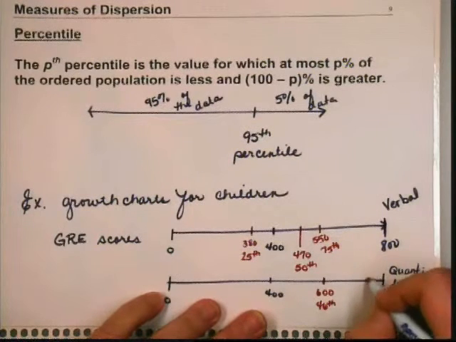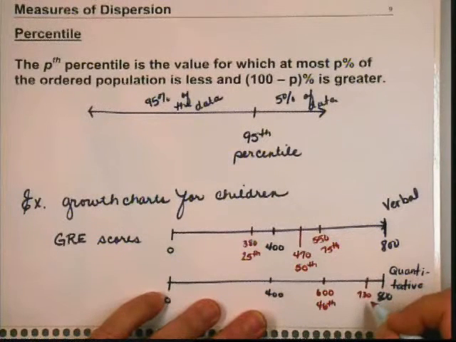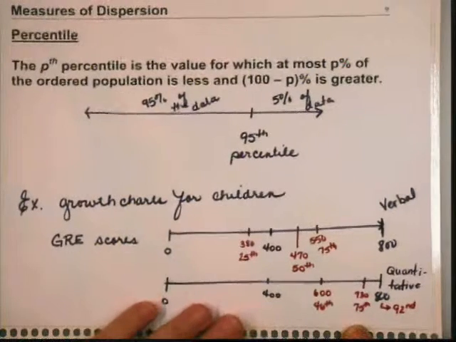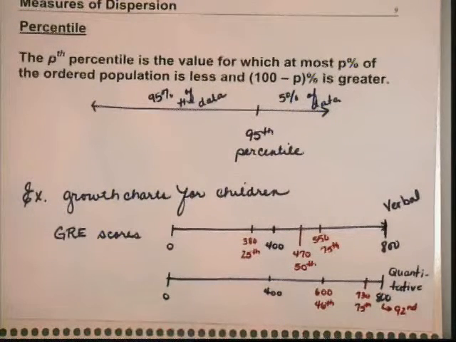And then I had a 730 score, was the 75th percentile. Someone did get an 800, and that 800 was actually 92nd percentile. How's that happen? 92% are below 800. It means what? 800 is the biggest you can be, so that 8% are getting perfect scores. Anyway, so you get some feel for how dispersed the data are, as well as where it's at when you look at percentile.